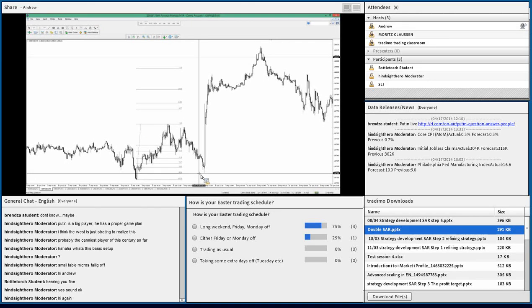This one, and this is an example of, there'll be like two patterns on here, but if you look at this, the bat pattern, okay, it completes here, right down here at the 886 area.